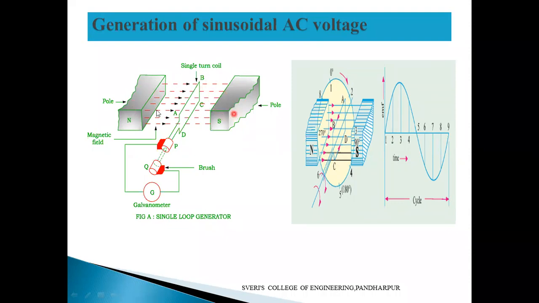Two magnets, north and south pole. In between these two magnets, magnetic field is created; flux lines flow from north to south pole.